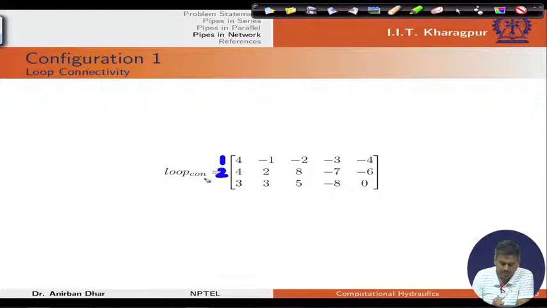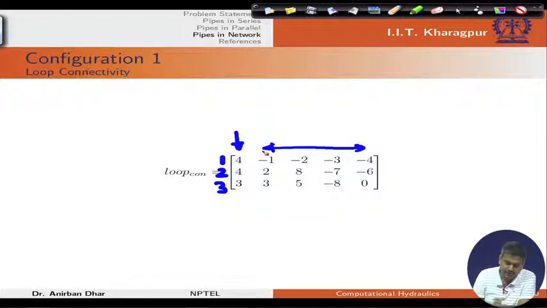This is the loop number row, 1, 2, 3, and the first column contains the number of pipes connected to the loop, and starting from the second column up to the maximum number of pipes connected to a particular loop, we have this information.